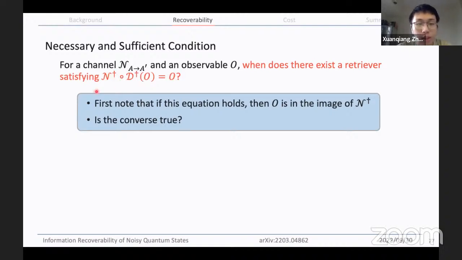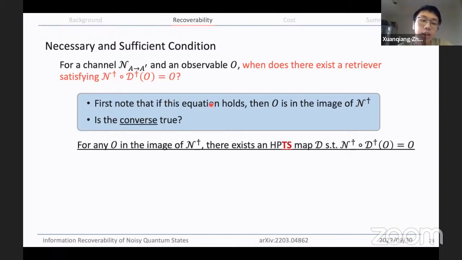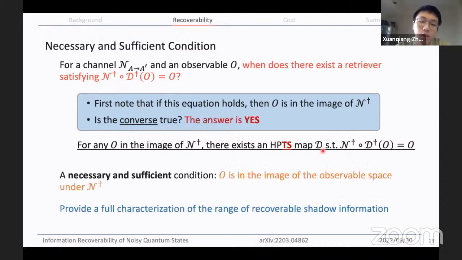Now the question is, is the converse statement also true? The converse says that for any observable O in the image of the adjoint map of the noise channel, there exists a Hermitian preserving and trace scaling map D such that N dagger D dagger O equals O. The main technical difficulty is the trace scaling requirement on the retriever D. Our main result shows that this converse statement is also true.